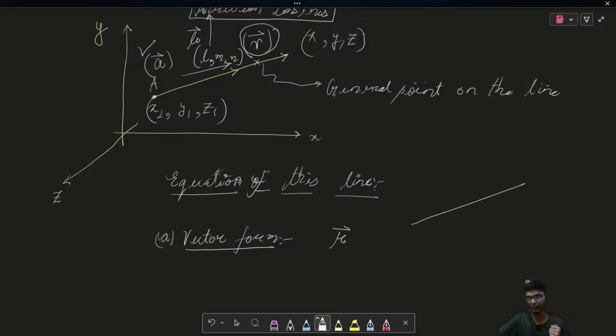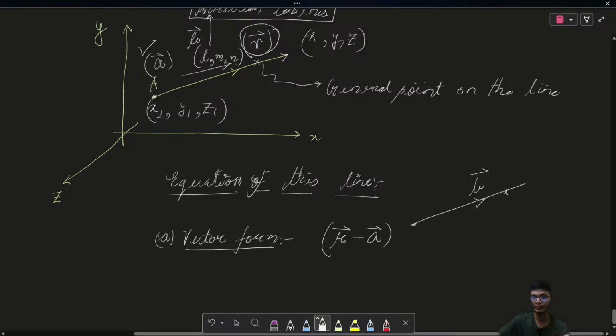The direction of this line is along the b vector. We can also produce another vector using the general point, that is r vector minus a vector, which is directed along the line, and that will be equal to some lambda times the b vector, where lambda is my constant, right?